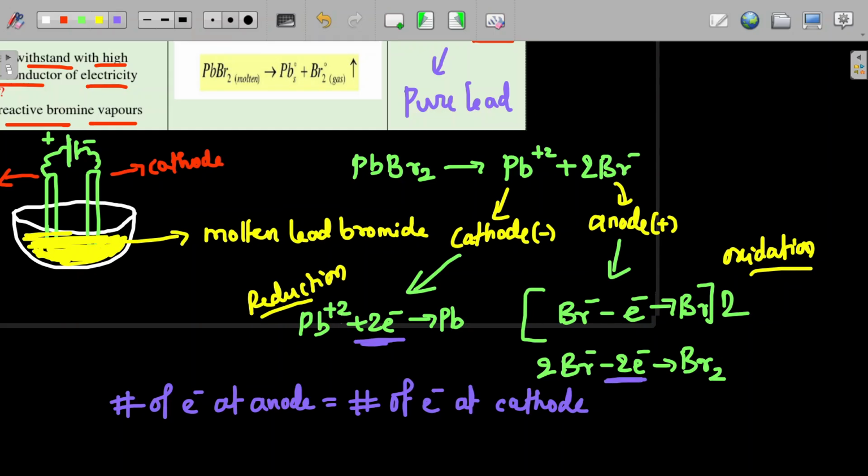These electrons will not come from anywhere. They are transferred from the anion to the cation through the electrodes. Therefore, the number of electrons the anion loses, the same number the cation will gain. This is a rule you have to remember. Whenever they ask you to write both reactions, you have to make the number of electrons equal at anode and cathode.